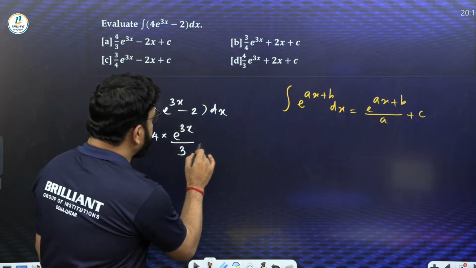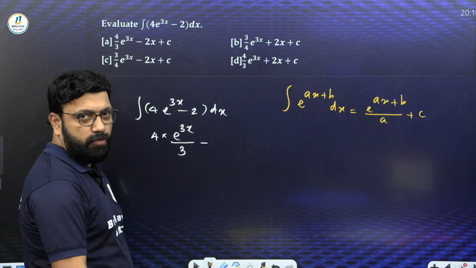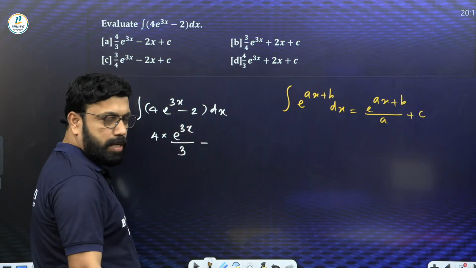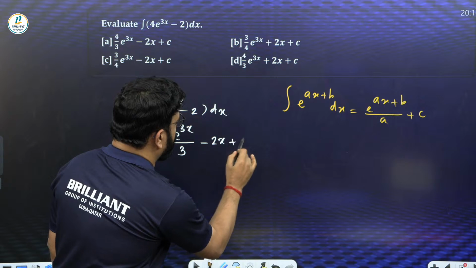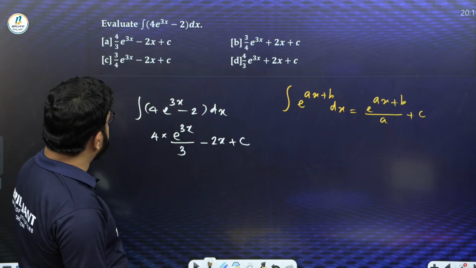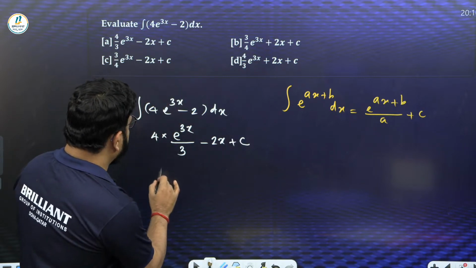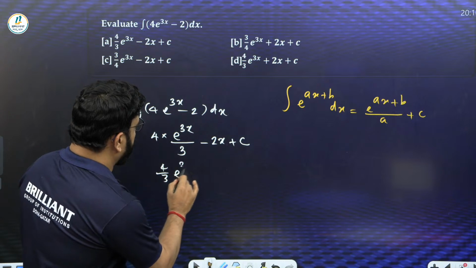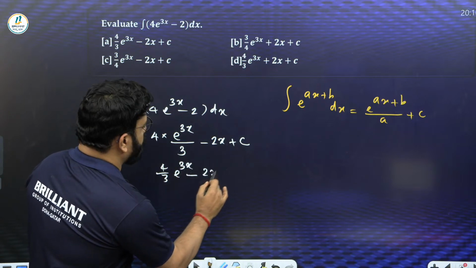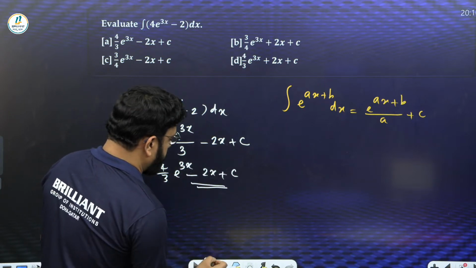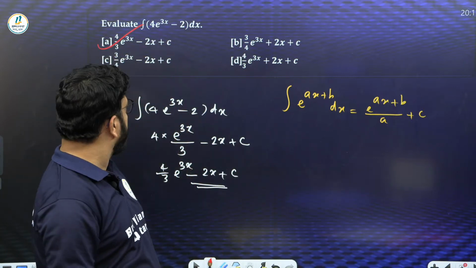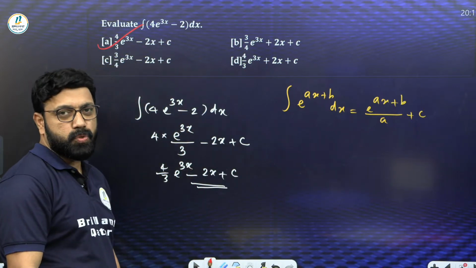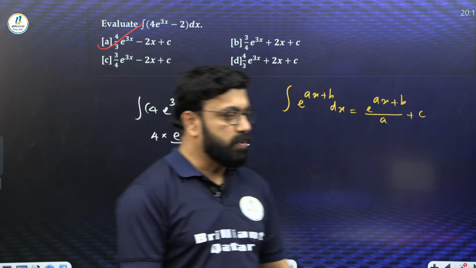Minus the integral of 2, where 2 is a constant term, that is the integral of 2 dx, we get 2x plus the constant c. We can check that the answer is there. Yes, 4 by 3 e raised to 3x minus 2x plus c. That's the answer. It is there as the first option. Hope students are commenting here.